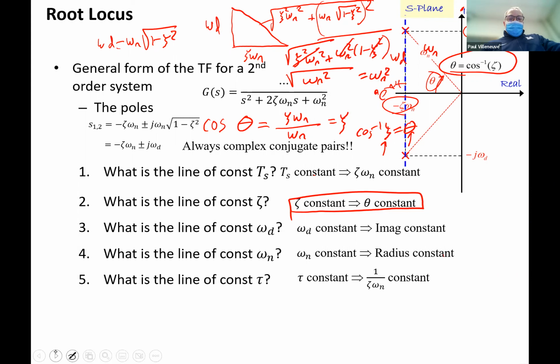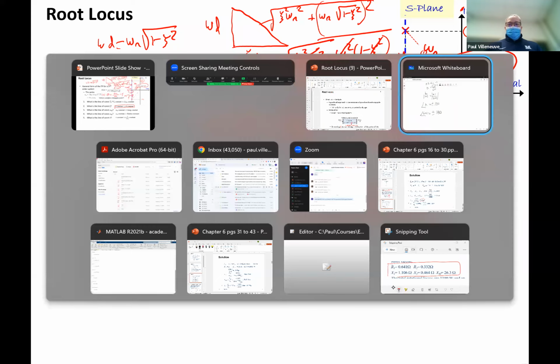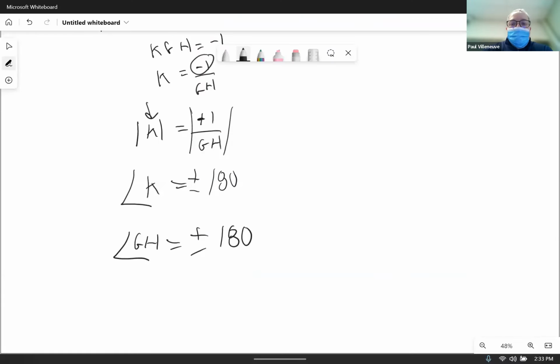And the line of constant tau: if the time constant, the settling time, is going to be constant, then tau just becomes 1 over zeta omega sub n. Remember when we do the time domain stuff, 1 over s plus alpha in the time domain is e to the minus alpha t.